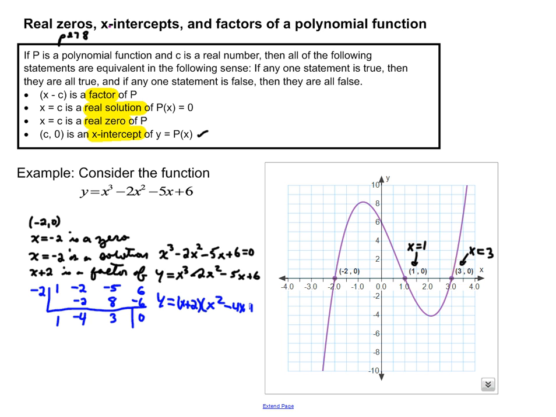plus 3. And the nice thing to see right here is that once we realize that fact, lo and behold, we now have a polynomial that we can factor even further.